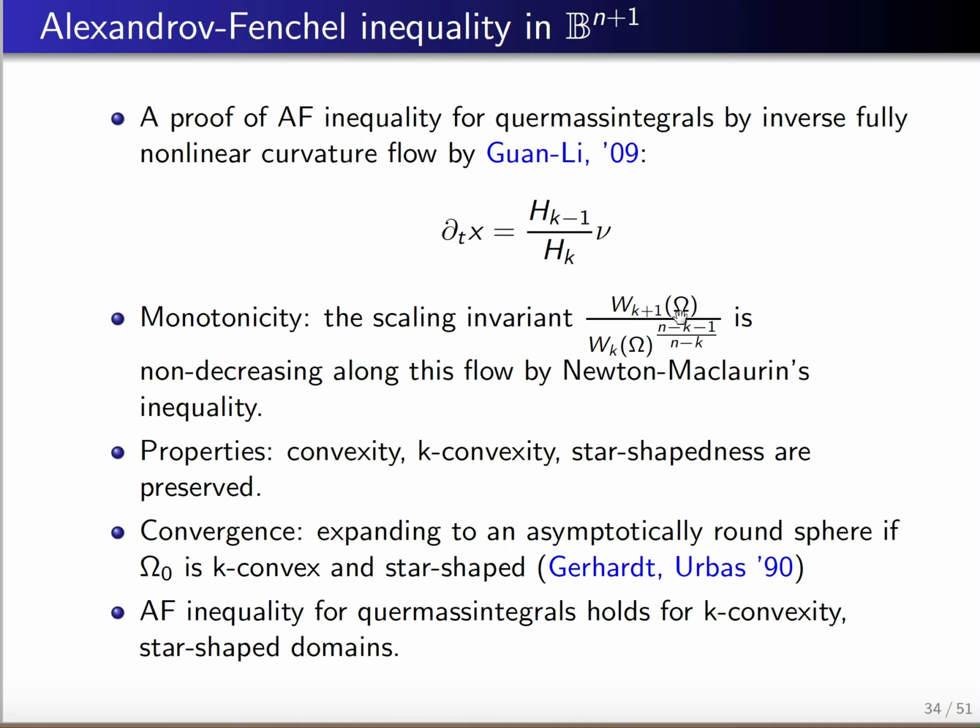Now we talk about a proof of Alexandrov-Fenchel inequalities for quermassintegrals by the inverse curvature flow, which was found by Pengfei Guan and Junfang Li. This is a hypersurface flow with speed h(k-1) over hk.